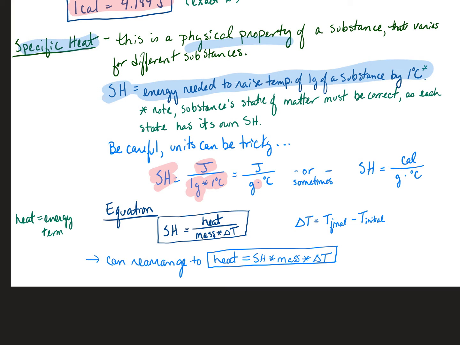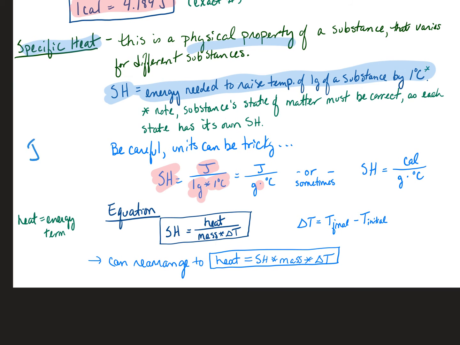And as a matter of fact, sometimes we see it in text, and it's written sort of strangely, like J over g times degrees Celsius. That is meant to be like all of that's on the bottom of that fraction. Sometimes you might even see this written in calories, so calories over grams per degree Celsius.